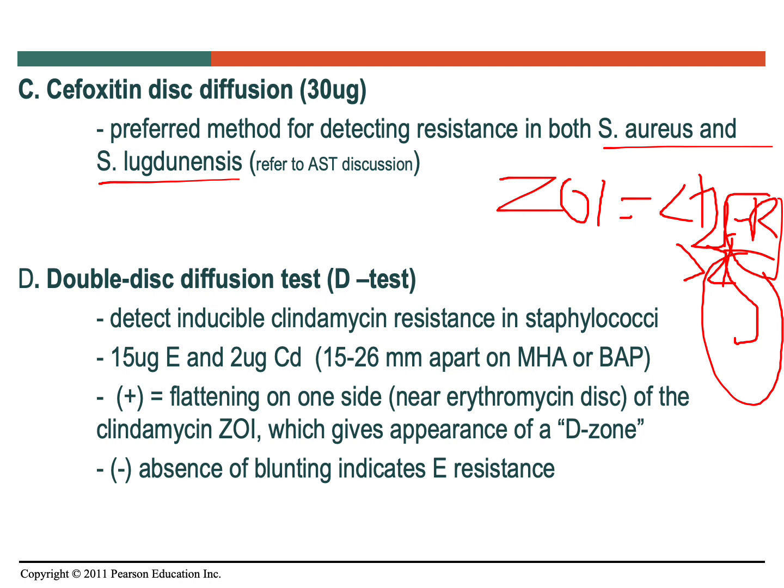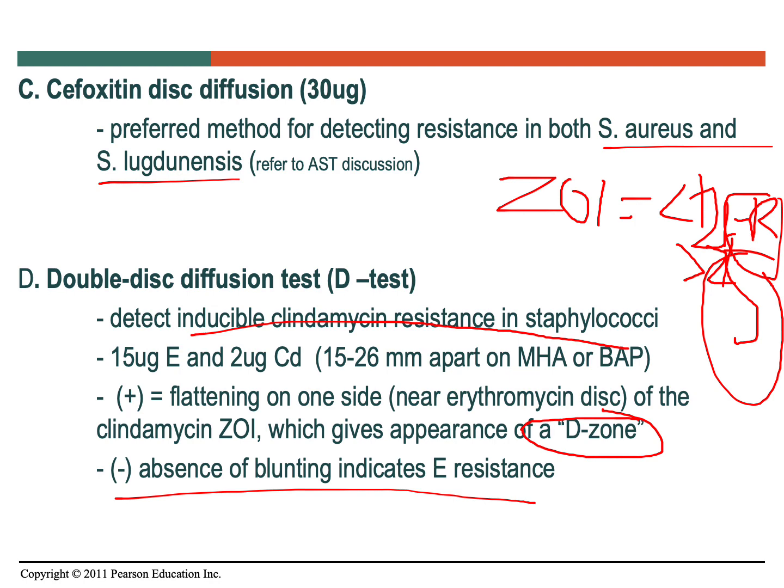Double disc diffusion, remember the letter D, the D zone test or the D test. It detects inducible clindamycin resistance in staph. Okay, so positive result, D formation. Absence of D formation is sensitive for clindamycin. Okay, because your erythromycin and clindamycin share the same mechanism of resistance, right? You have the efflux pump and the altered target. So it's very important to detect if there is inducible clindamycin resistance, especially if the erythromycin is resistant.